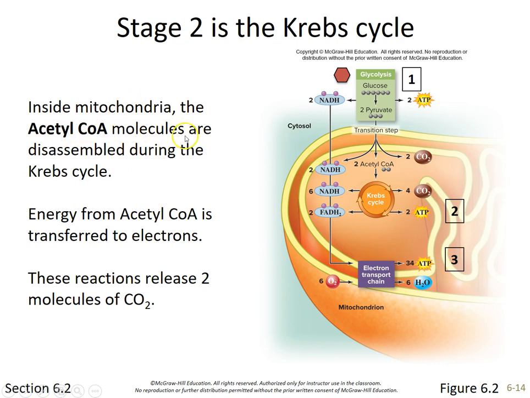The acetyl-CoA molecules are disassembled during the Krebs cycle. Notice the Krebs cycle, like the Calvin cycle, repeats itself on a rotating basis, assuming that there are molecules and energy feeding into it continuously. Energy from acetyl-CoA is transferred to electrons. These reactions release two molecules of carbon dioxide.